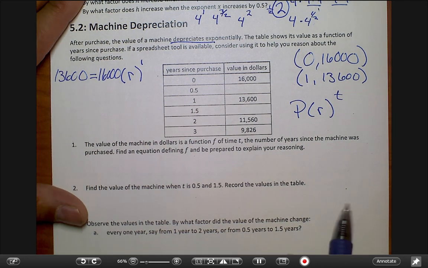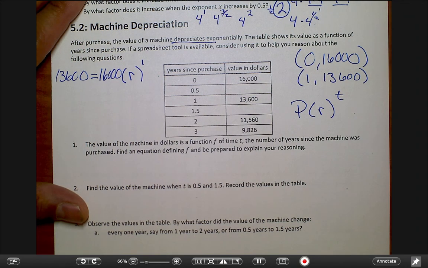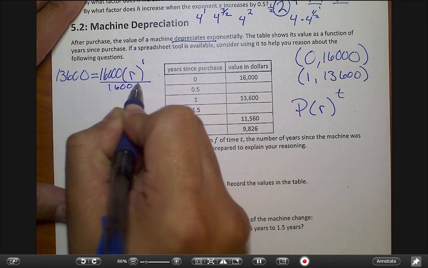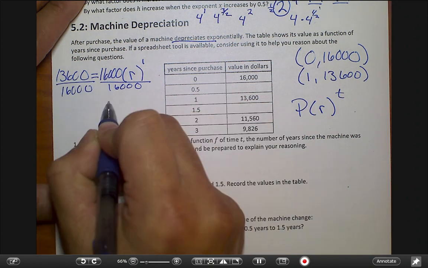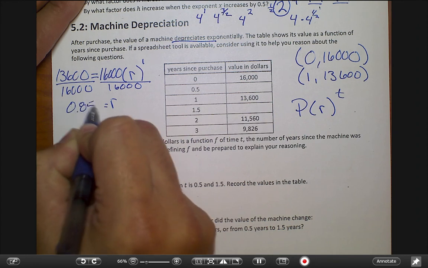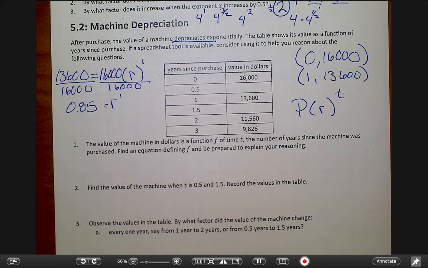What's the first thing I have to do? Divide 13,600 by 16,000. And you get 0.85. Very good. And isn't r to the first just the same as saying r? So we solved for r here, didn't we? All right, so now I have my r value.